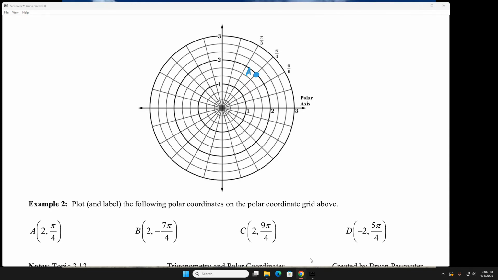All right, B tells us to go to circle 2, but this time we're going to rotate negative 7 pi over 4. So positive 7 pi over 4 is here. We're going to rotate this much, but in the opposite direction. So it ends up leading us right back to where A was.